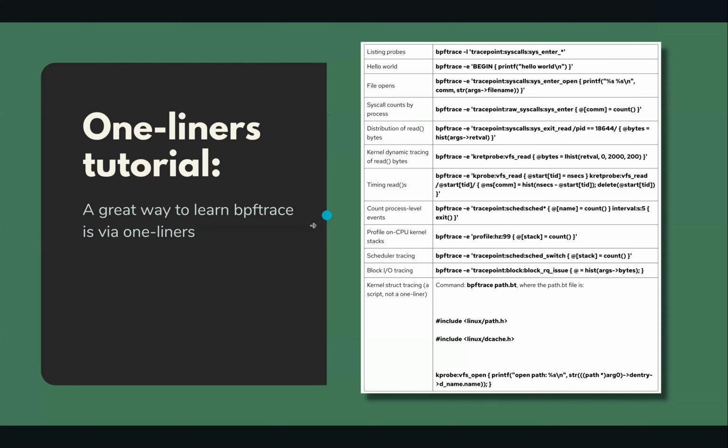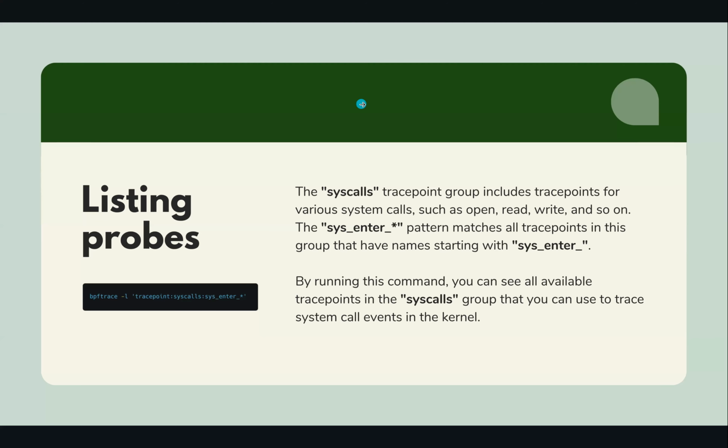But there are multiple of them, so we'll go one by one, and once we get into the complex territory, I have another example that we could perform here. One would be listing probes. Every kernel has different types of probes, so each computer has a different kernel.